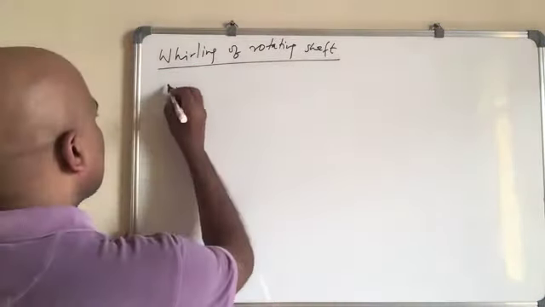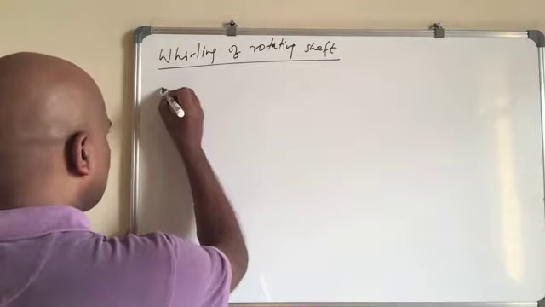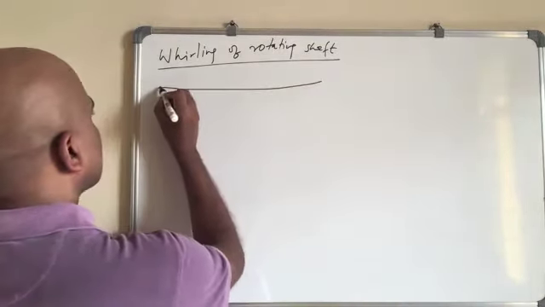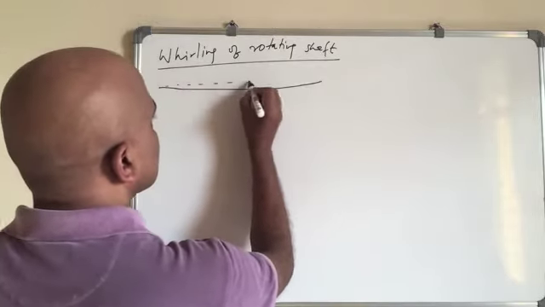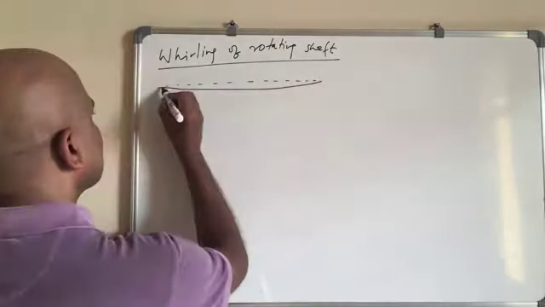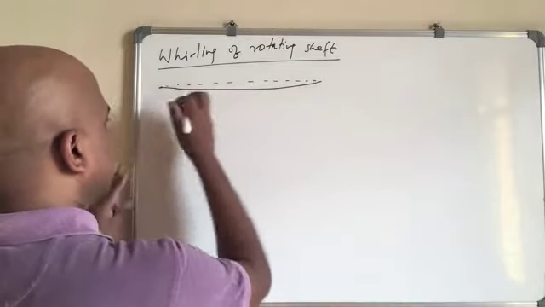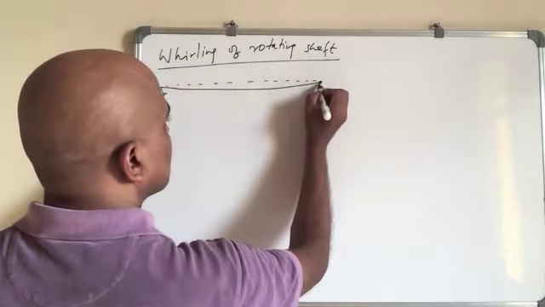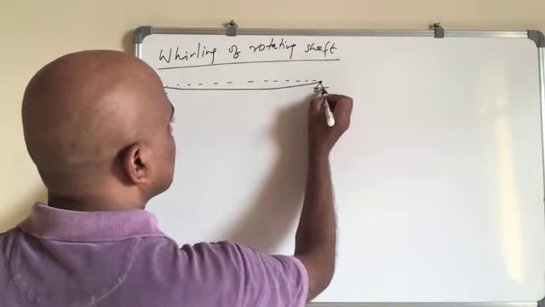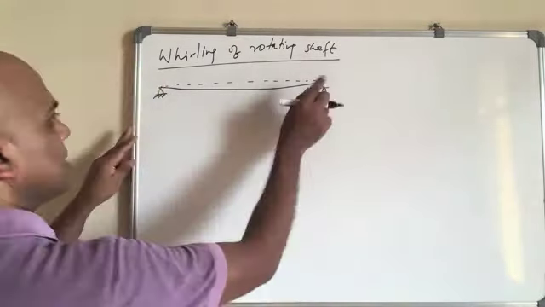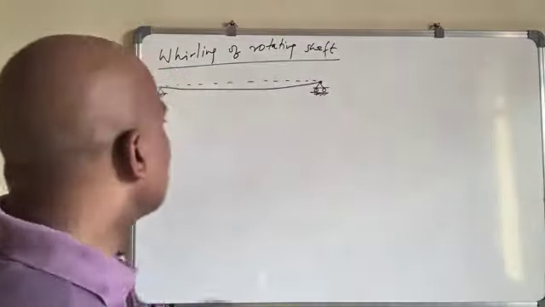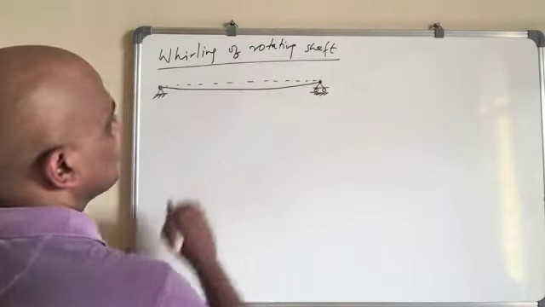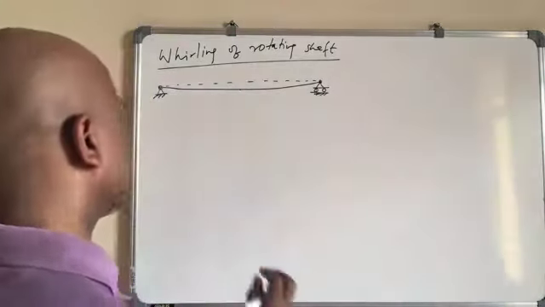So here let us say we can assume that there is a shaft and this is the original axis, simply supported on both sides, and in the middle let us say there is a rotor.